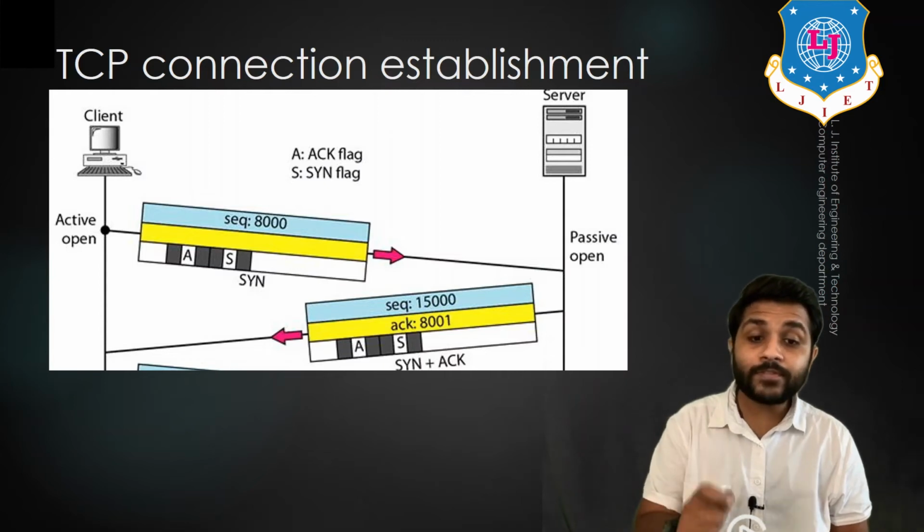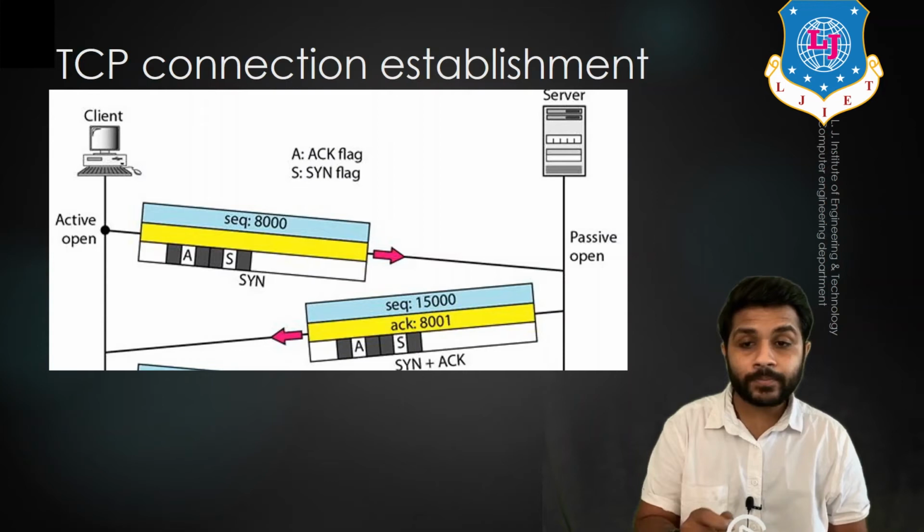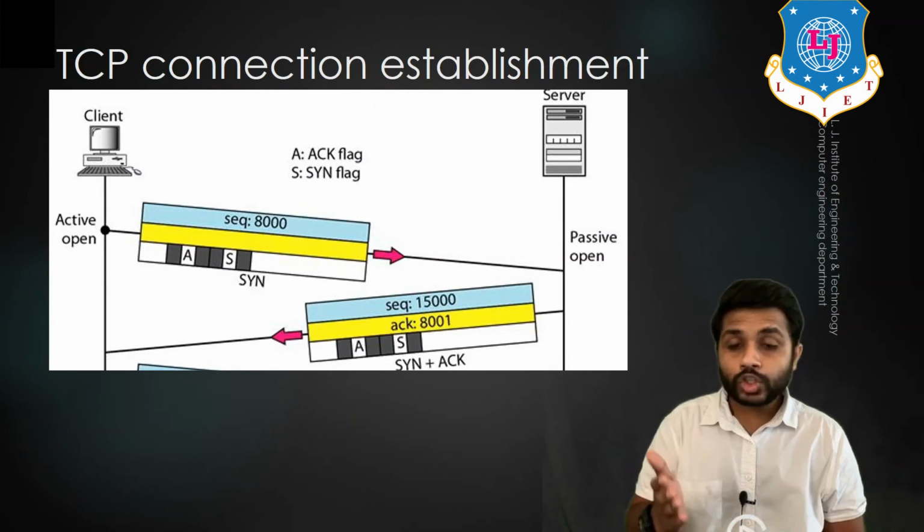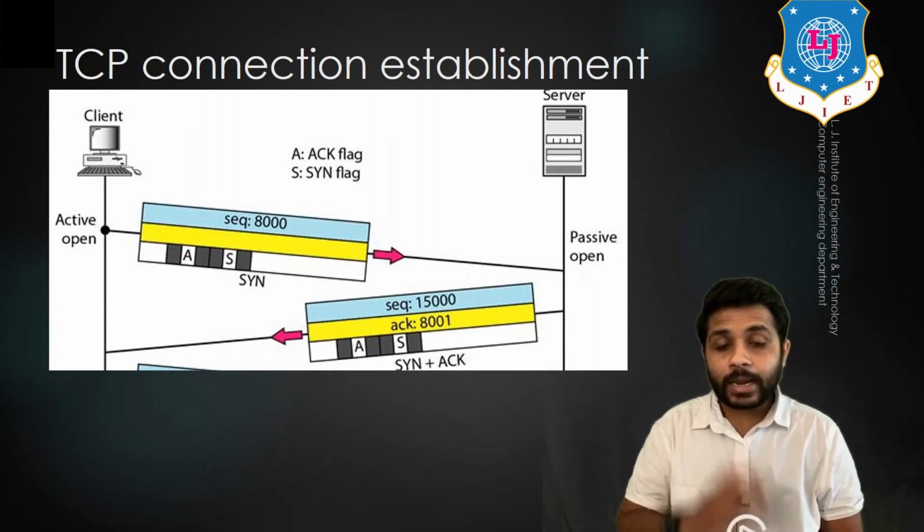But from the SYN flag, the client will understand that the server is also trying to make a connection with it. So when the client receives SYN plus ACK, it will reply with the acknowledgement.